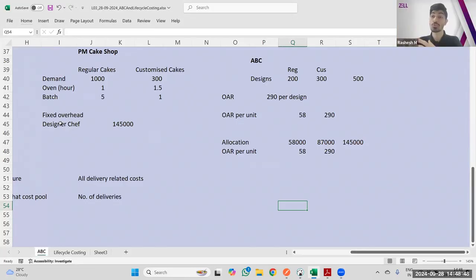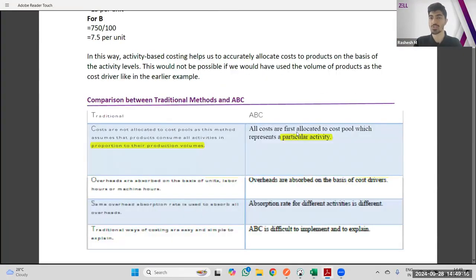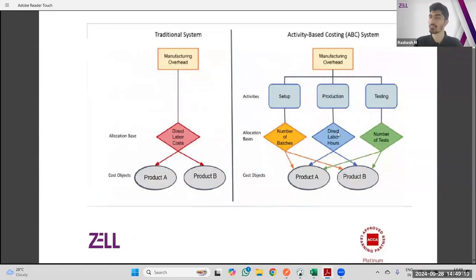No, so the oven will be a cost driver for some other overhead. Maybe the machine's electricity cost. Oven time would be the driver of the electricity overhead, correct? Because the oven is consuming electricity. If the electricity cost is given, then the answer we solved for marginal absorption costing, that will be the ABC costing answer. Yes. So that's what I'm saying. Okay, here, it's not that we will never use labor hours. If you see in the chart, for something that is to do with production, labor hours is still allowed. So it's not that we are discarding labor hours.